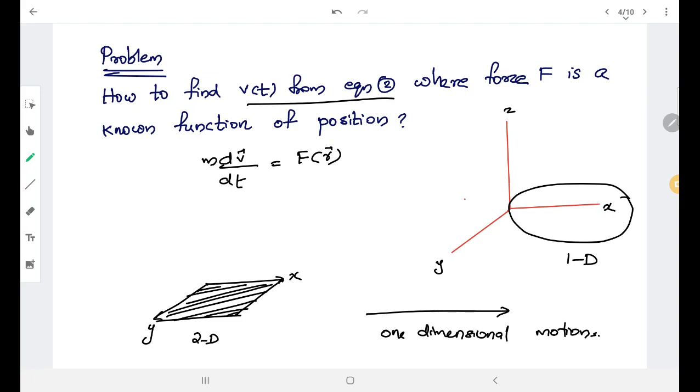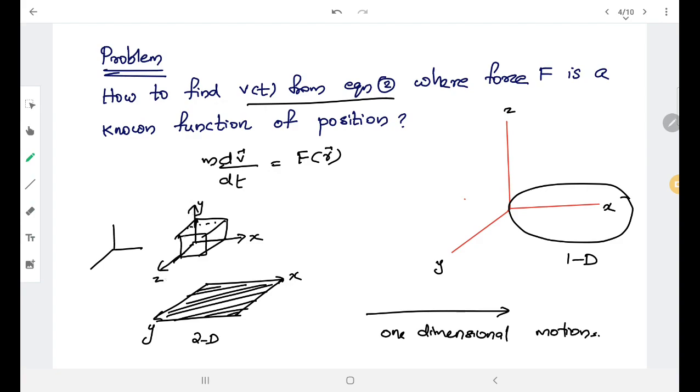Now, if we have the third coordinate also, so we have x, y and z. We know that this is a cube. In this cube there is an x direction, a y direction and a z direction.